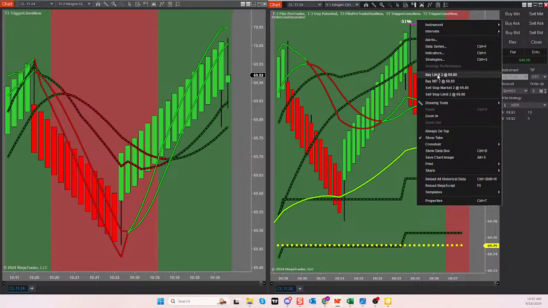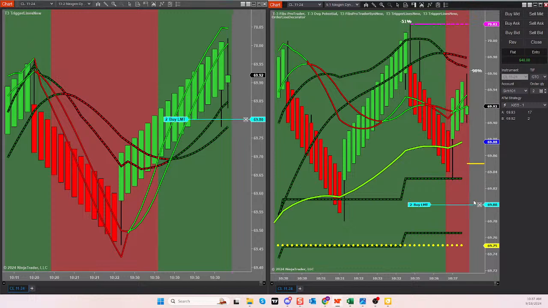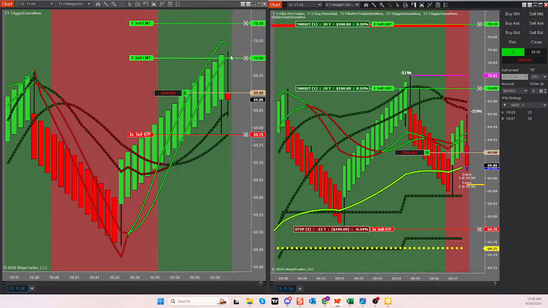And you're going to see buy limit 2. And all this says is that if price comes down and reaches my limit order, ideally it's at an area inside of favorable large triggers. Let's see if it comes down and gets it. Reaches my order, it puts me in a long position. The expectation is that the market goes up.